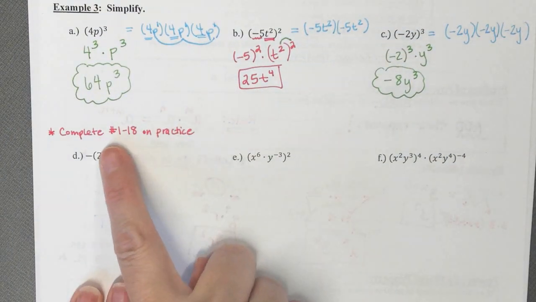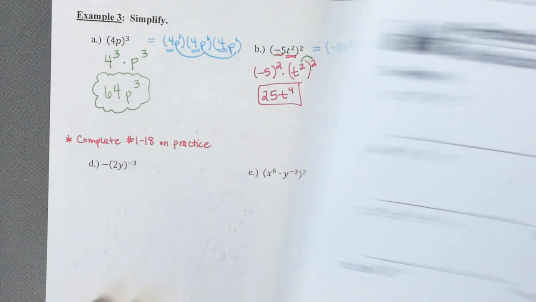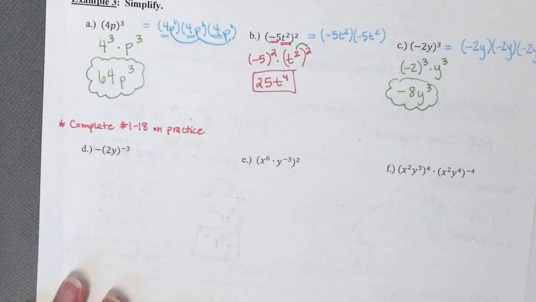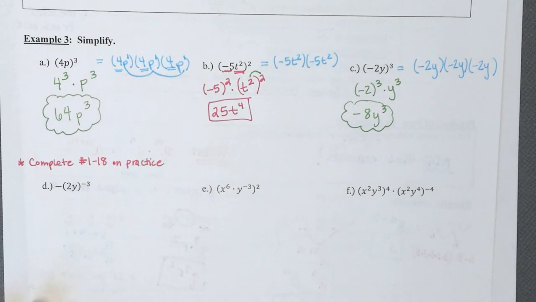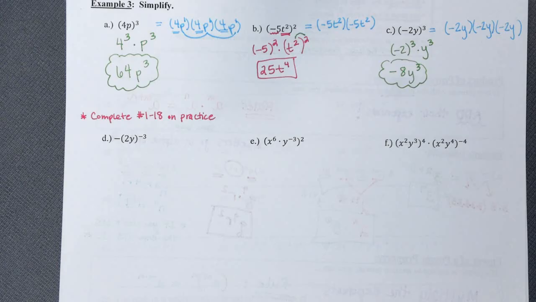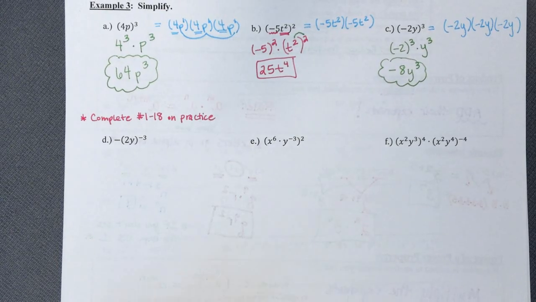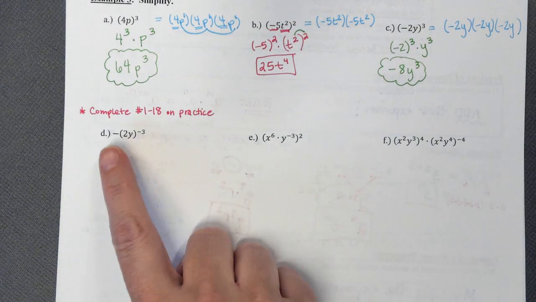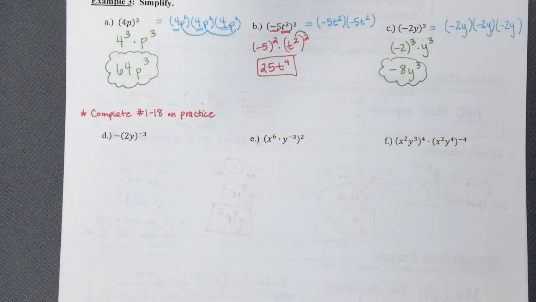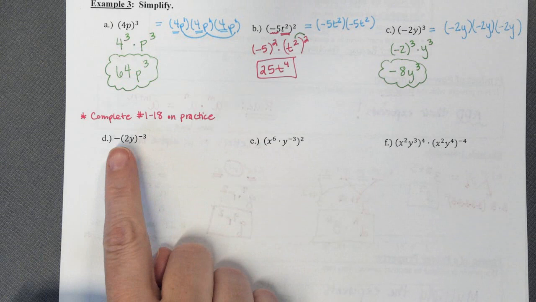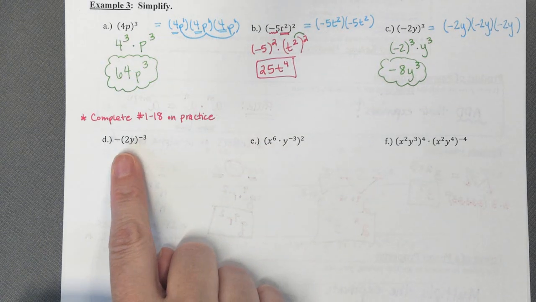Okay, so we're going to do this first. So we're going to complete the 1 through 18. Okay, so for part B, the negative that's on the outside, if it's not inside the parentheses, we're going to keep it on the outside.